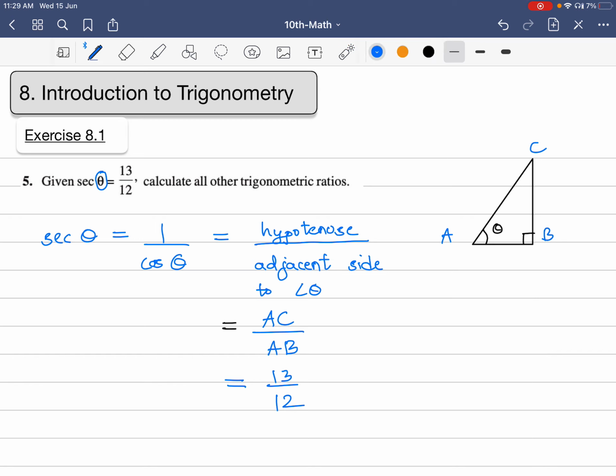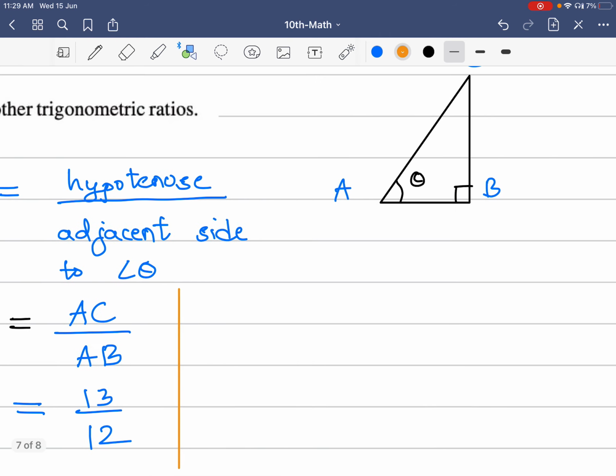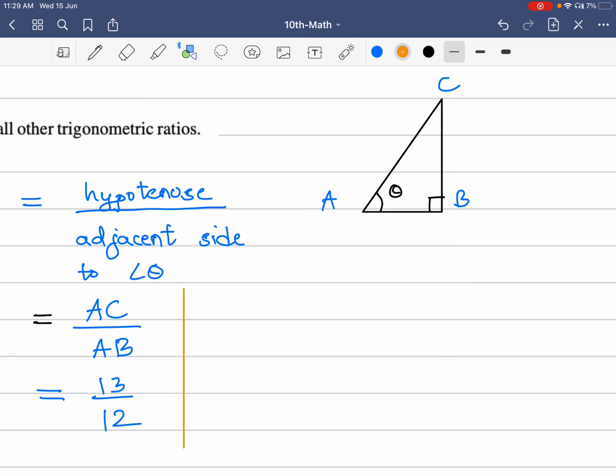Now let's draw a line here. Let me zoom in. So let K be the common factor between these two sides, AC and AB.